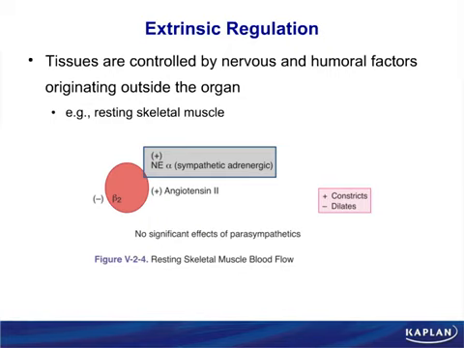So extrinsic regulation, the big player here, and let's say that this could be resting skeletal muscle, we have sympathetic noradrenergic neurons. These are postganglionic sympathetics. They release norepinephrine, which causes alpha-mediated vasoconstriction.